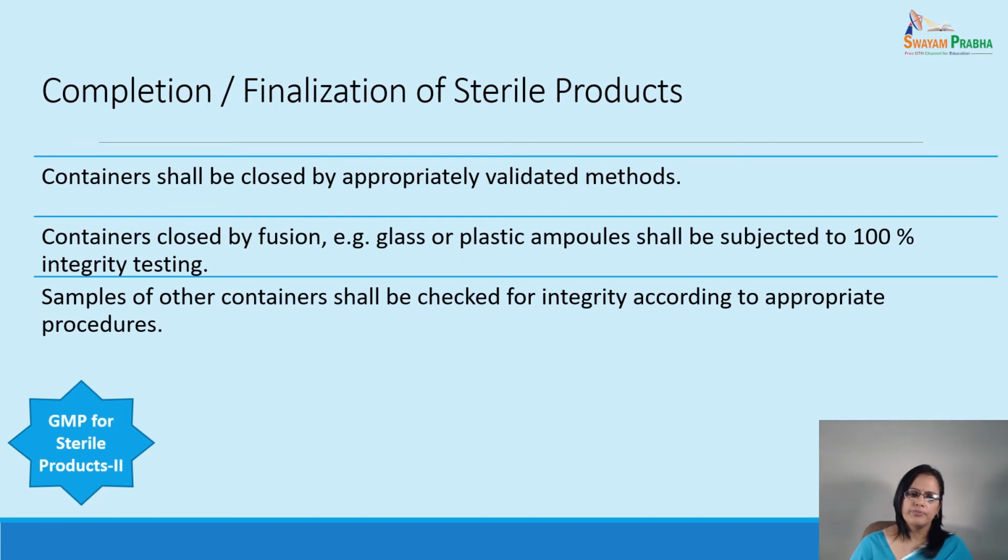So here we are finalizing the sterile product. The container shall be closed by an appropriate validated method. Containers closed by fusion, whether glass or plastic, shall be subjected to 100% integrity testing.